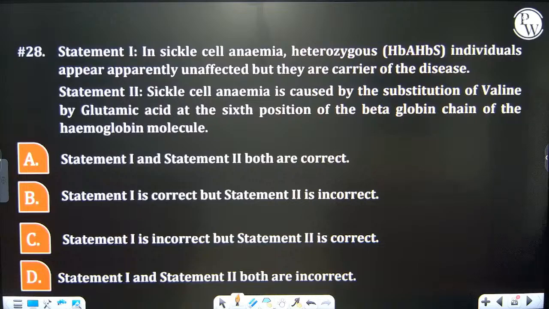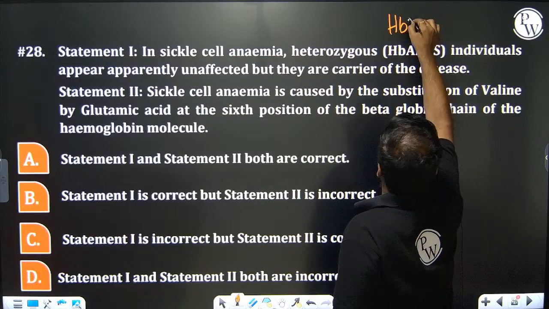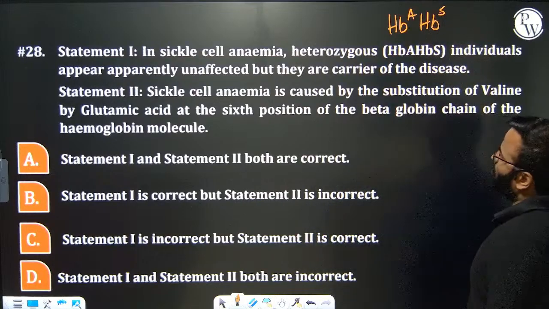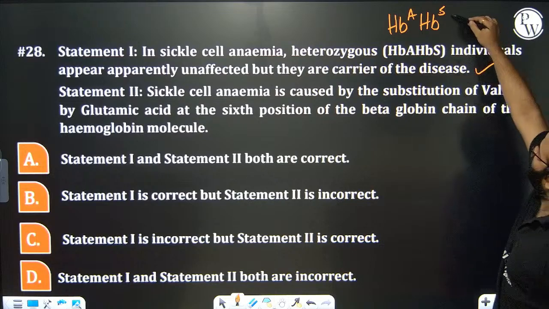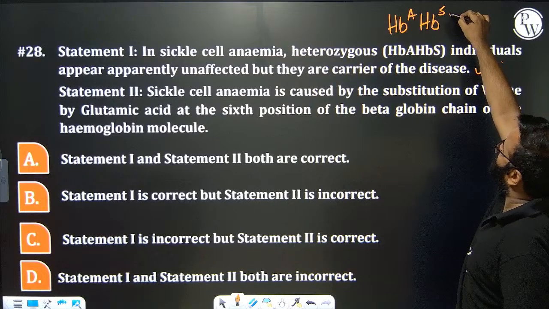In sickle cell anemia, heterozygous HbA and HbS individuals appear apparently unaffected, but they are carriers of the disease. Yes. Because of this, they have the carrier nature.